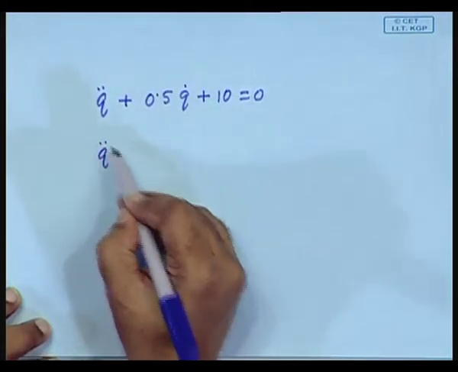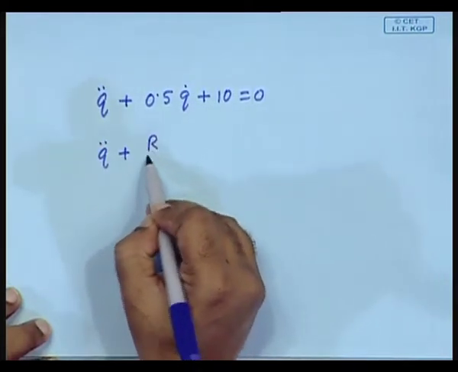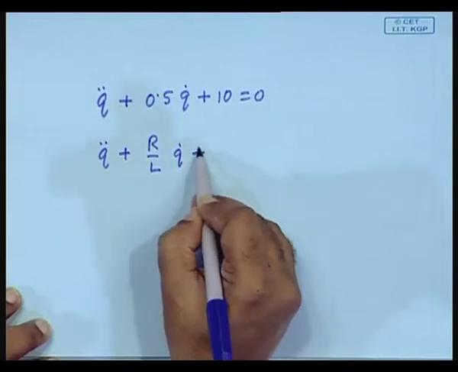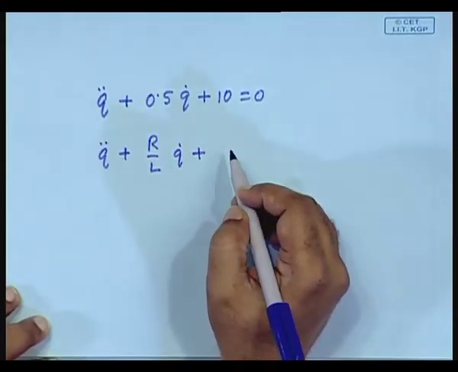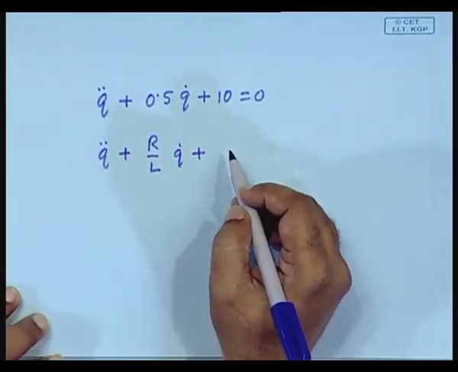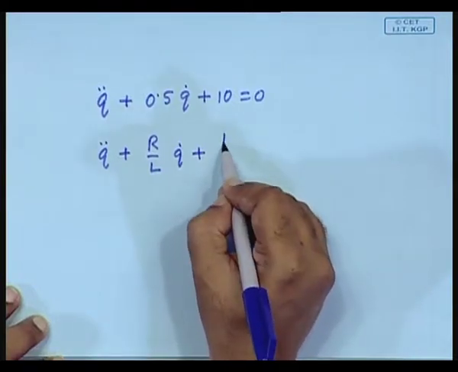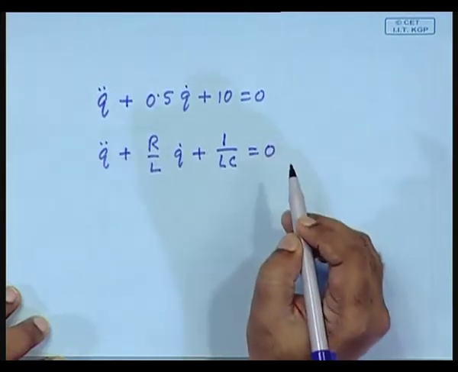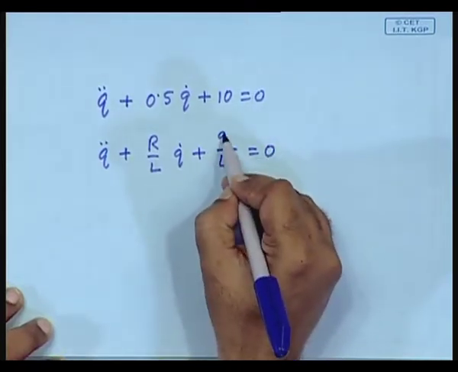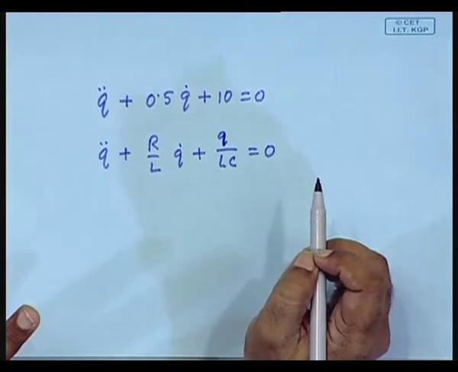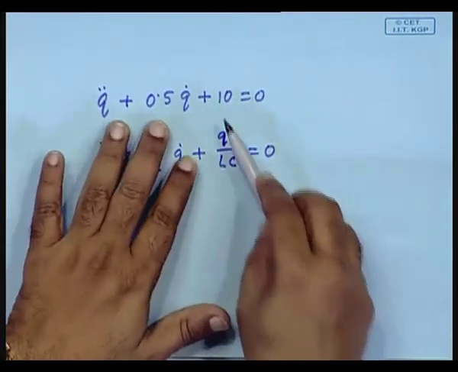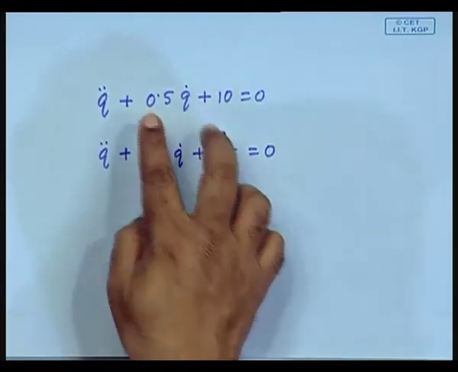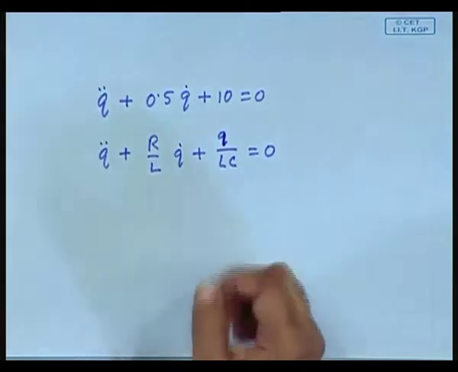So, Q double dot plus R by L Q dot plus 1 by L C Q is equal to 0. Yes, fine, okay, good. For these values you have already found that it will be a decaying sinusoid. Let us check.